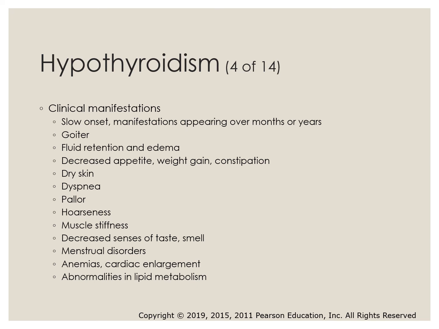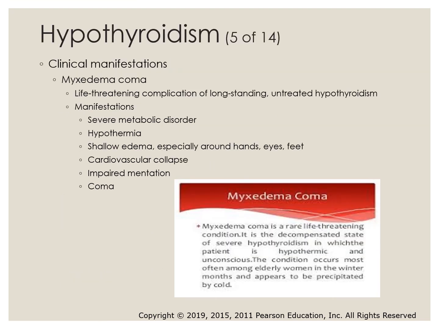It's almost like having a bout of fibromyalgia as well. Decreased senses of taste and smell. It does affect your menstrual cycle and it will knock it off balance. You can have anemia and you can have an enlarged heart. And you also have elevated lipids as well. And I could have written this chapter because I have lived all of this.